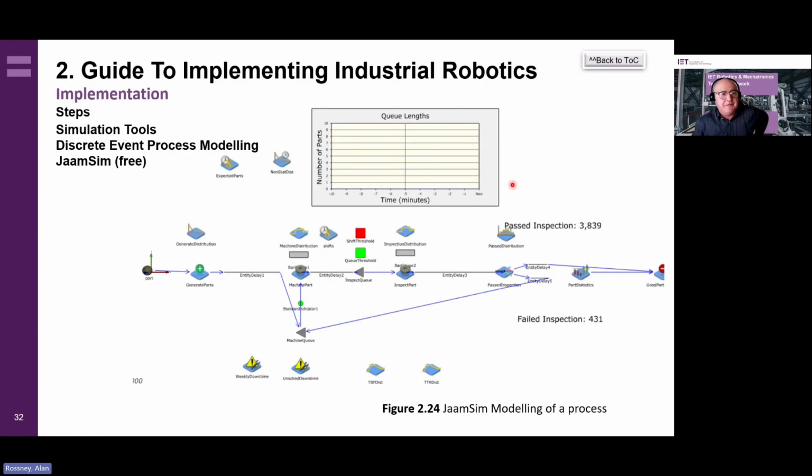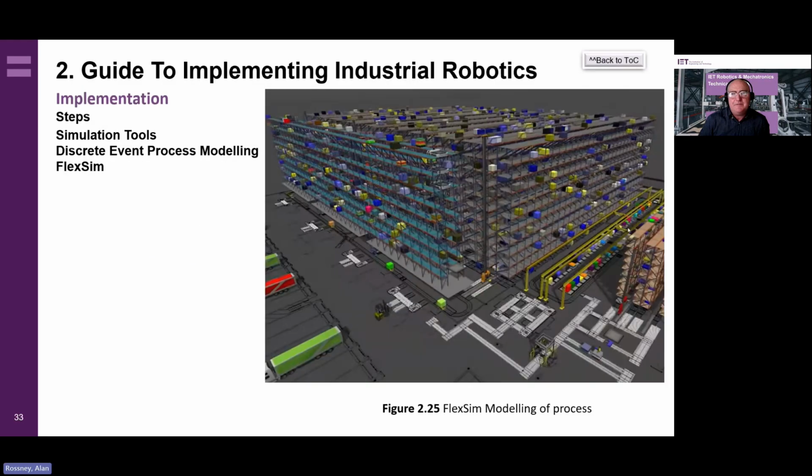Very easy to set up and gives you a very quick idea of things like throughputs, capacities, and so on. Another one I mentioned there was FlexSim. I'll just see if I can play this. Yeah, so here we go.